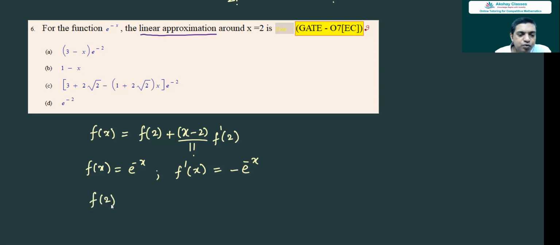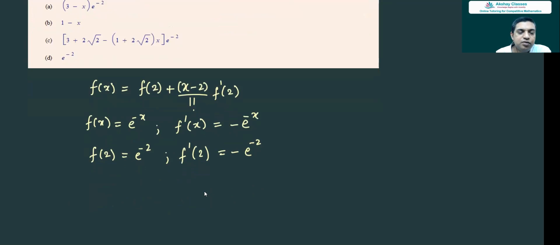So f of 2 is e power minus 2 and f dash 2 is minus of e power minus 2. So therefore, the linear approximation is f of x is f of 2, that is e power minus 2, plus x minus 2 into minus e power minus 2.